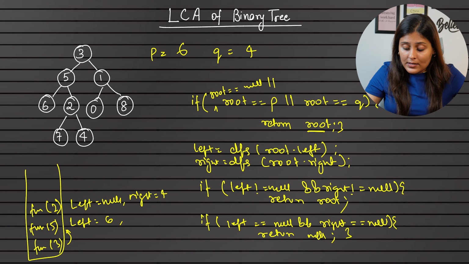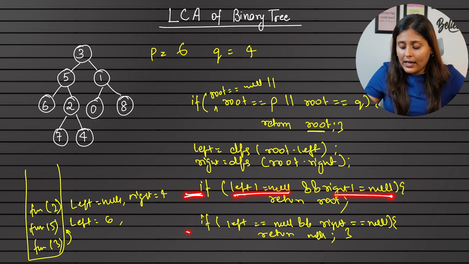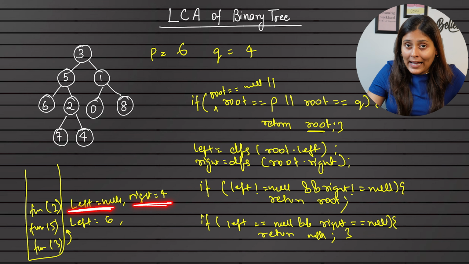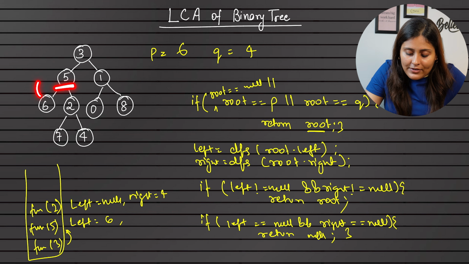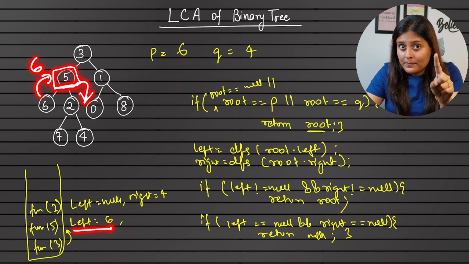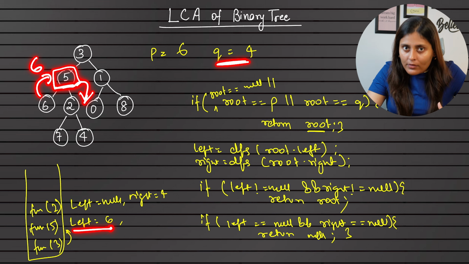Now this is a different case. First we checked for when both are not null. Then we checked for when both are null. Now the condition is left null and right not null. So let's see. For 5, on the left side we have got 6. Remember? Because 5 is the common parent, 5 should get a not null value from the right side. And what is that not null value? The exact node 4.